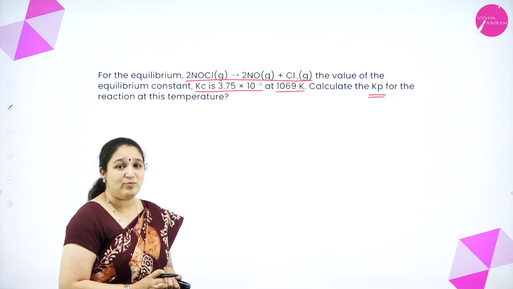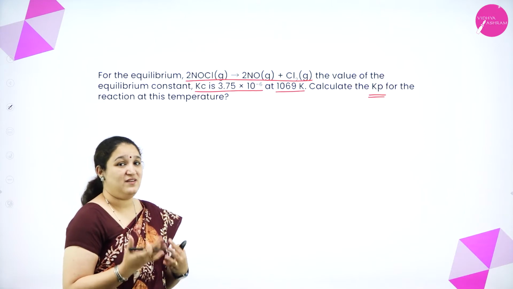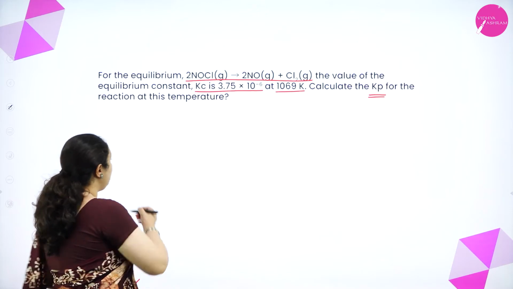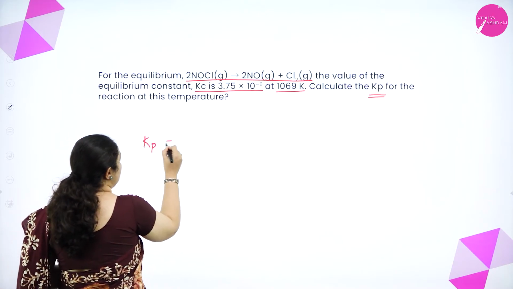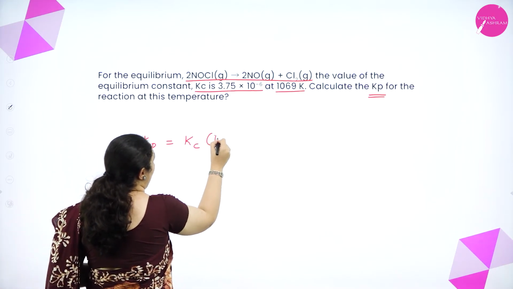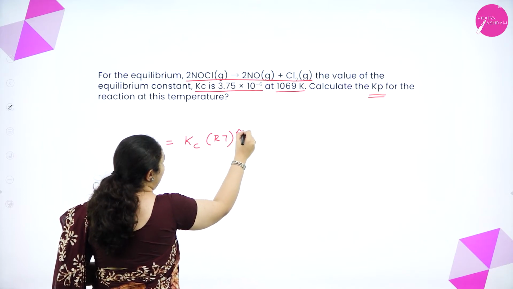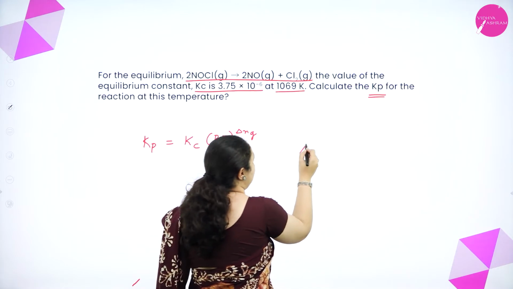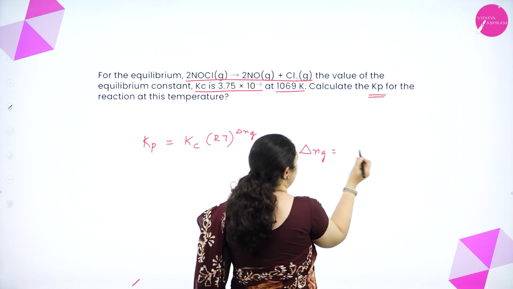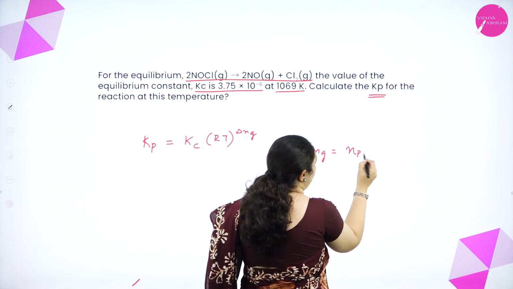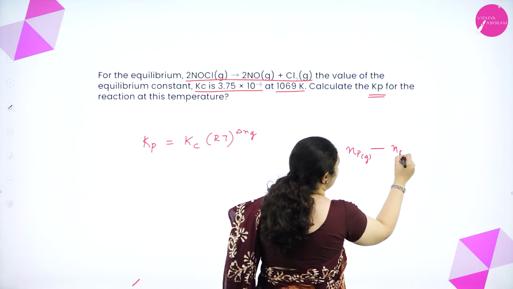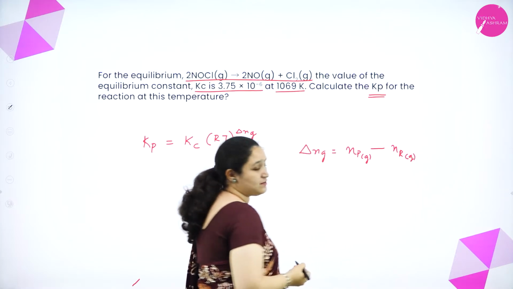So what is the formula to convert Kc value to Kp value, or the relationship between Kp and Kc? That is Kp is equal to Kc into RT to the power delta Ng. Now what is delta Ng? Delta Ng is number of moles of products which are gases minus number of moles of reactants which are gases.